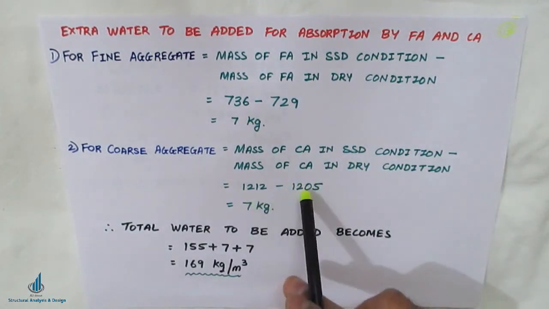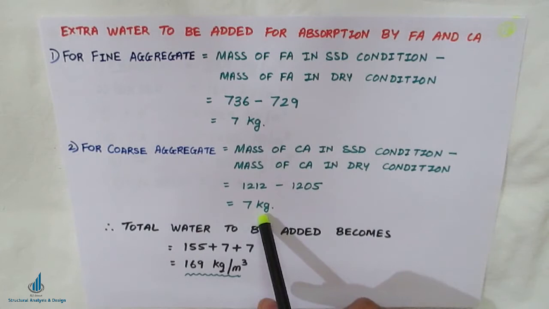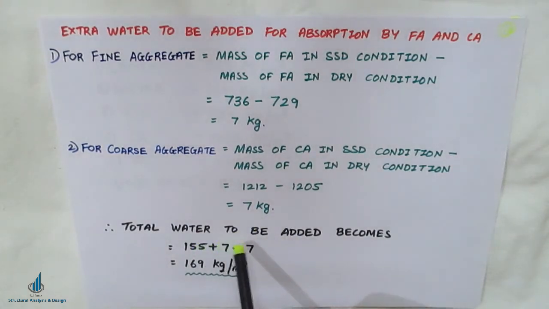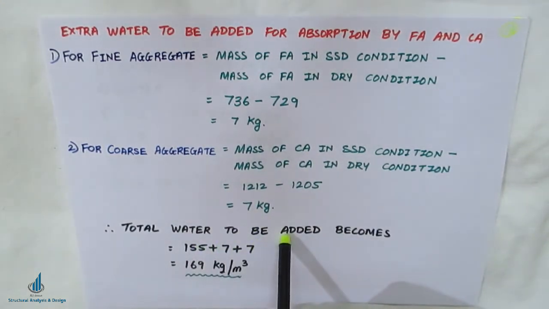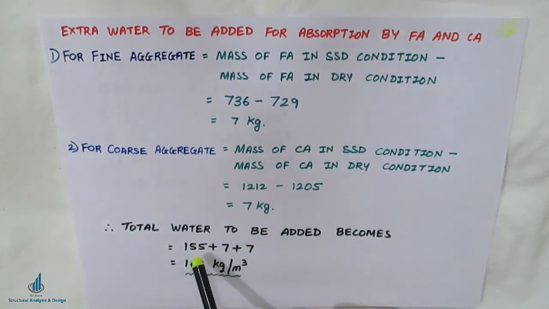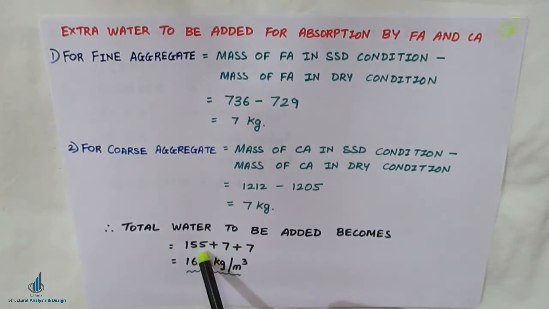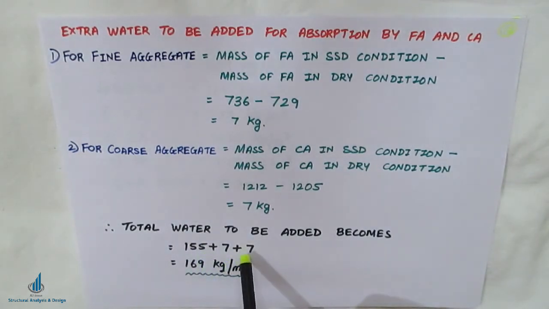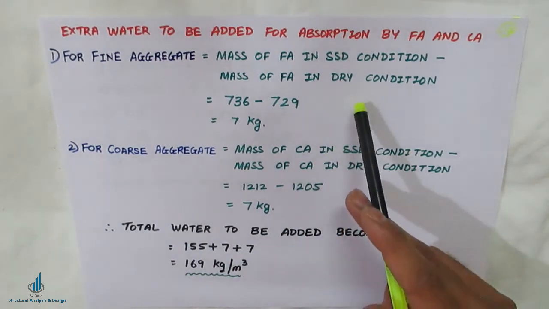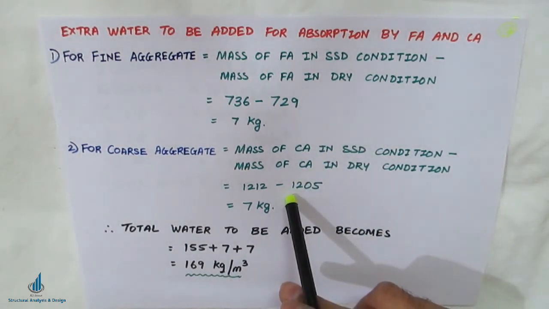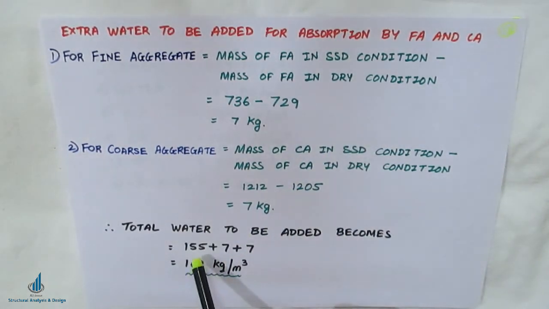If you subtract this, you will again get 7 kgs. Now the total water to be added in this particular mix design is 155 liters, which we had previously got in SSD condition after using superplasticizer, plus 7 for fine aggregates and coarse aggregates respectively. So the total water becomes 155 plus 7 is equal to 169 kg per meter cube.